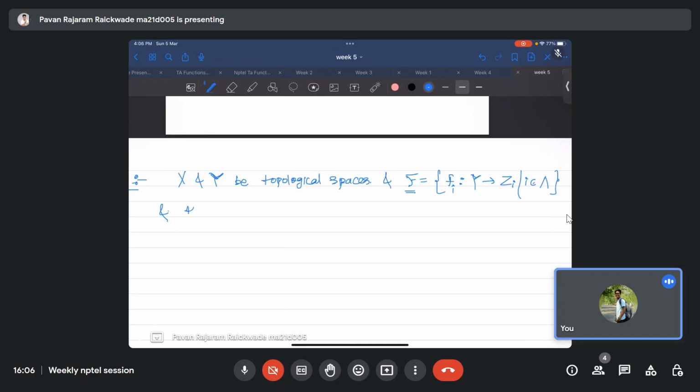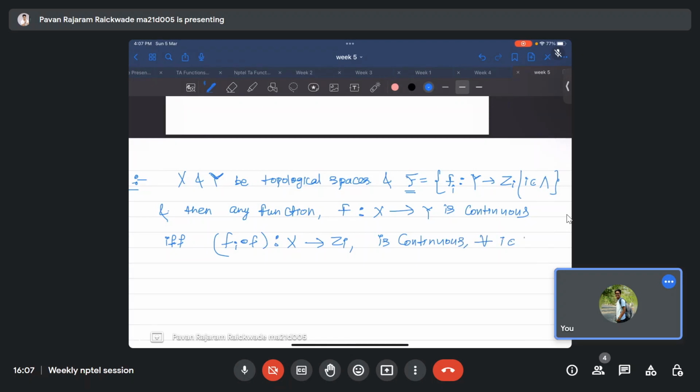Then any function f from X to Y is continuous if and only if phi_i composed with f, from X to Z_i, is continuous for all i belonging to Gamma.